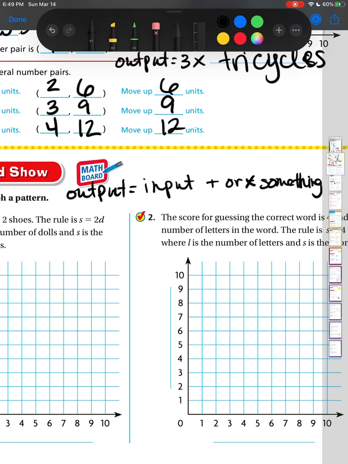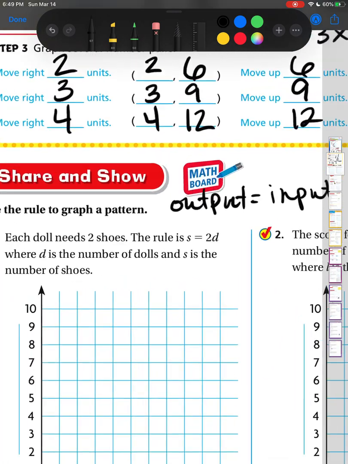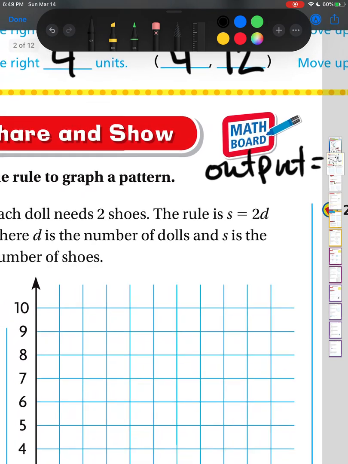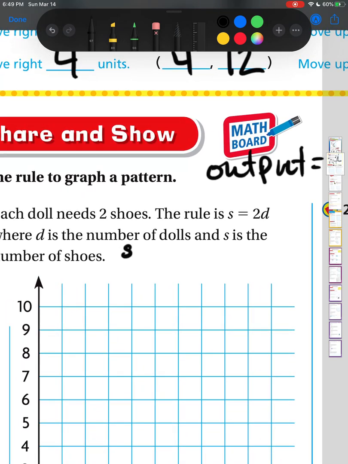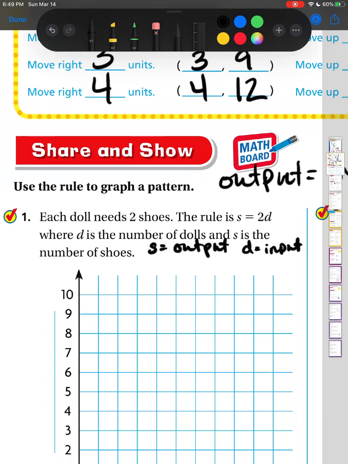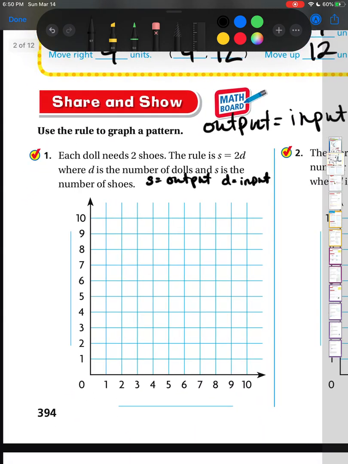All right, so our output is what it's equal to, and our input is what is being done to it. So if our rule is S is equal to 2D, that means S would be our output, and D would be our input, because D is what's actually in the problem. S is what it's equal to.